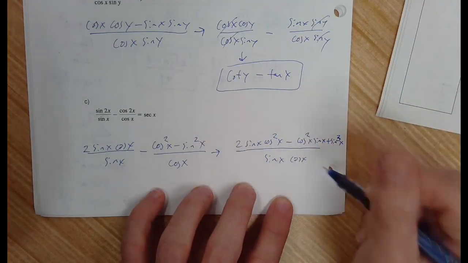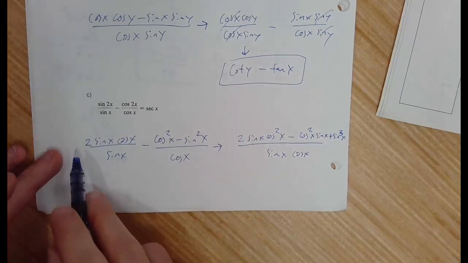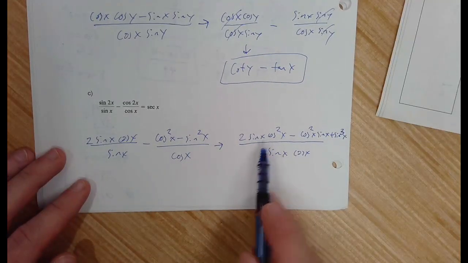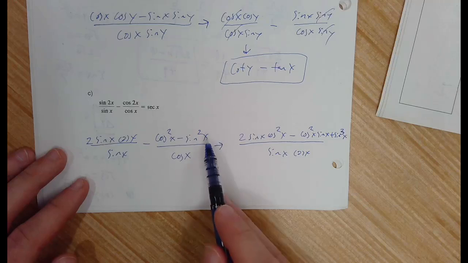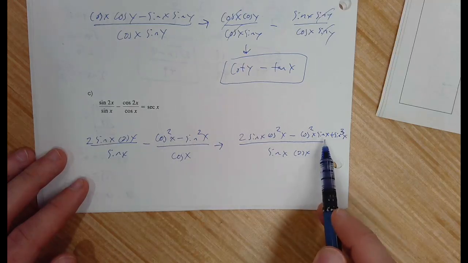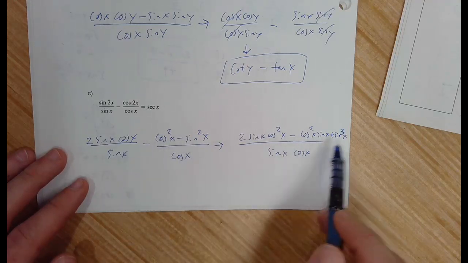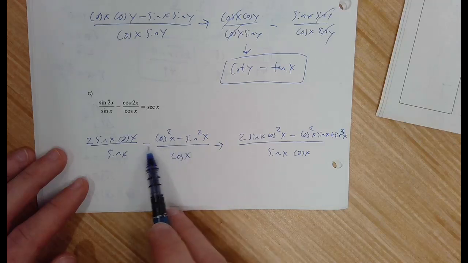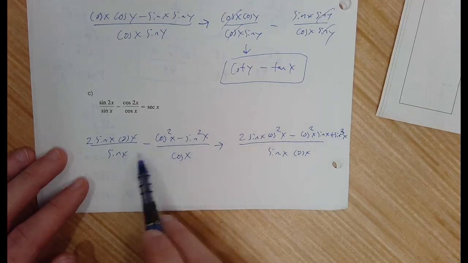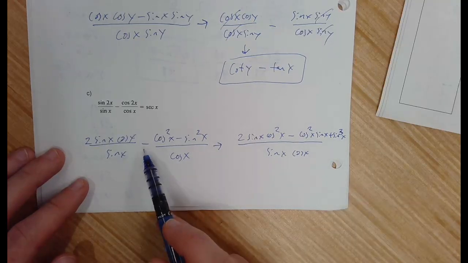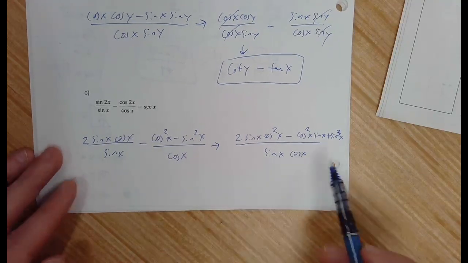Okay, so again, what I did here is I just multiplied this side by cosine x over cosine x. That got me 2 sine cosine squared x. I multiplied the right side by sine x over sine x. That got me cosine squared sine x, and then sine cubed x. That became a plus because we're doing this double negative here. I'm distributing that minus as well. The minus goes to this, then this becomes a plus.